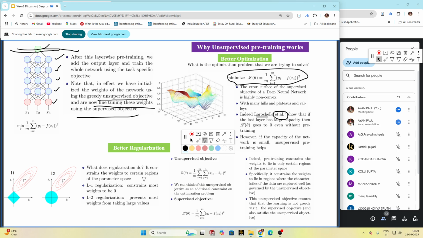What does regularization do? It limits the freedom of the weights. Earlier, if we do not apply this regularization technique, our neural network weights have the freedom to go anywhere.